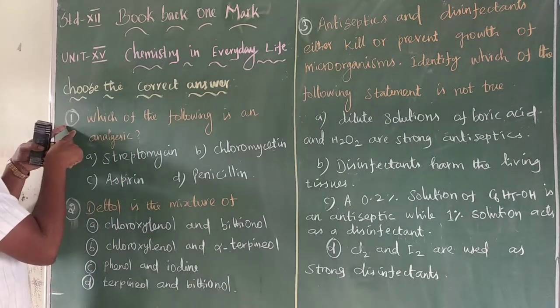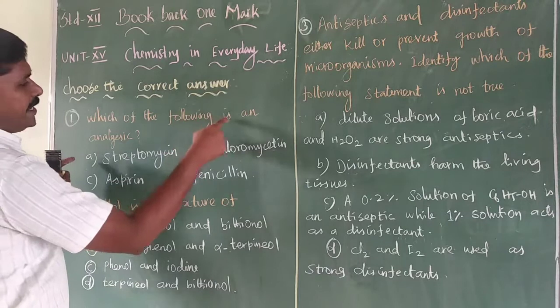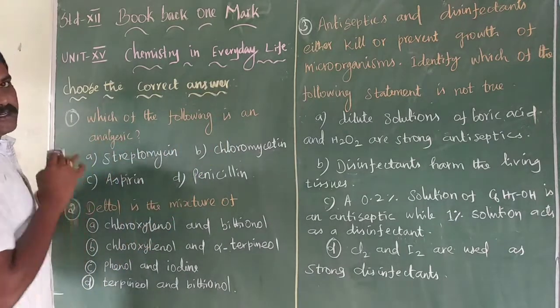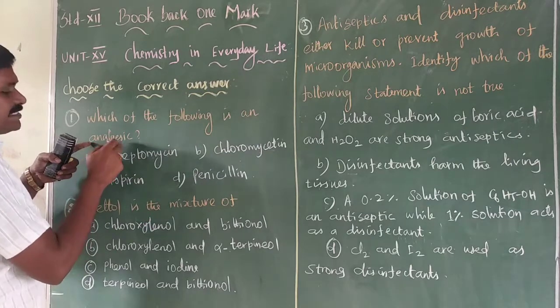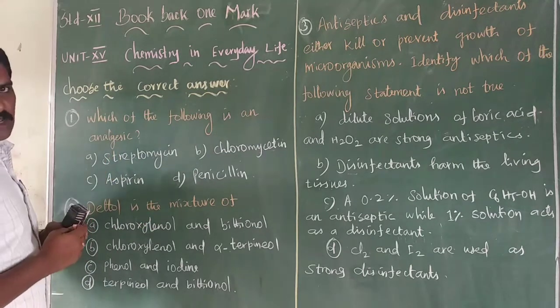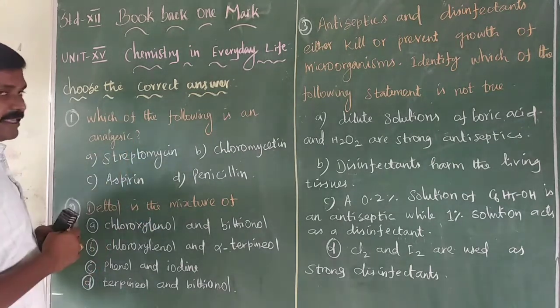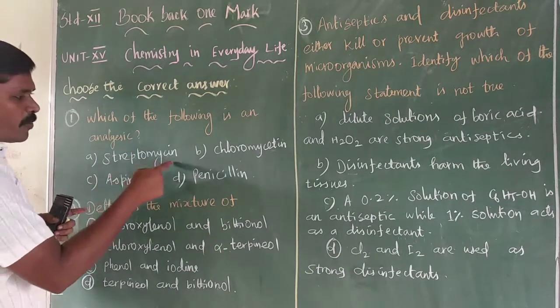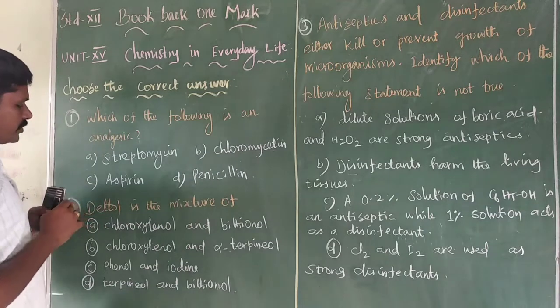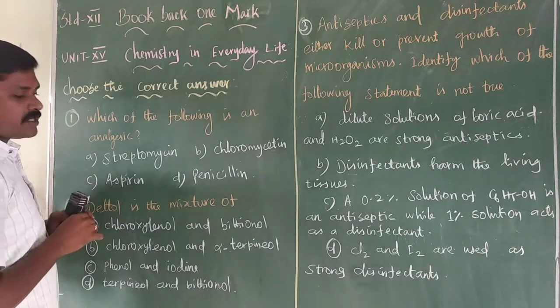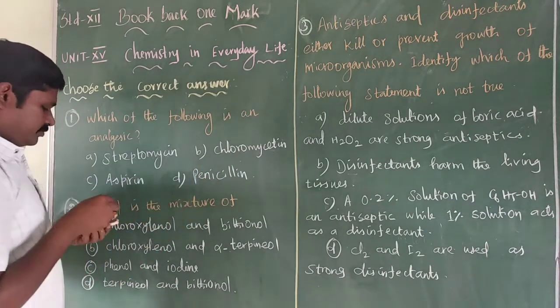The first one is, which of the following is an analgesic? Analgesic, Vali Nivarani. Option A, streptomycin. Option B, chloromycetin. Option C, aspirin. Option D, penicillin. Right?